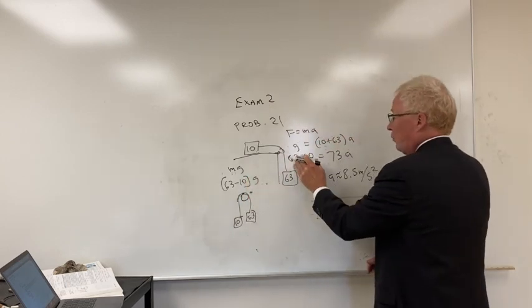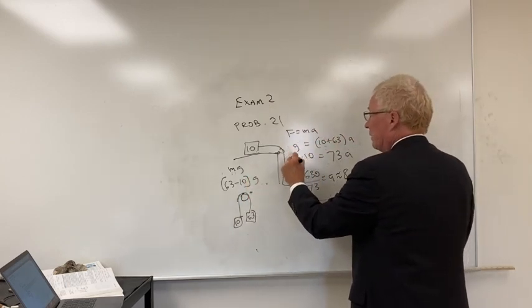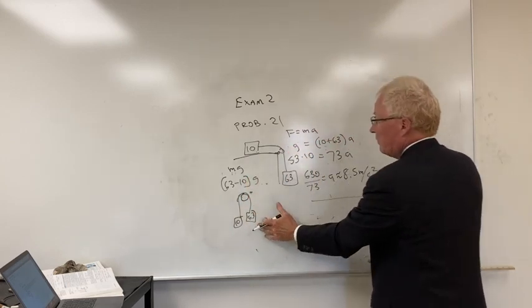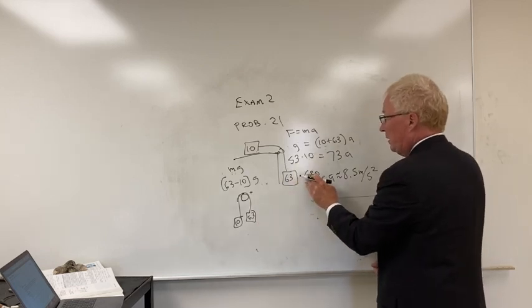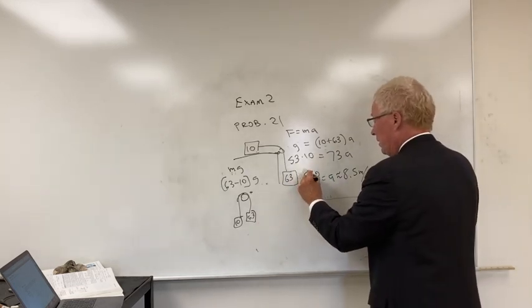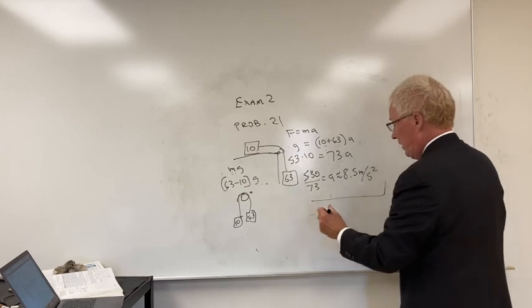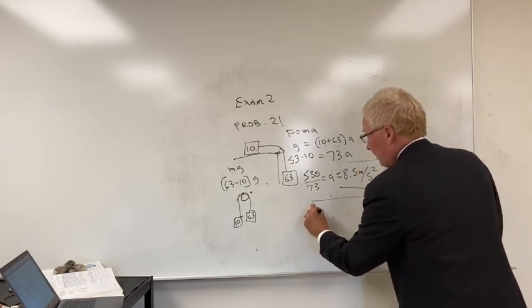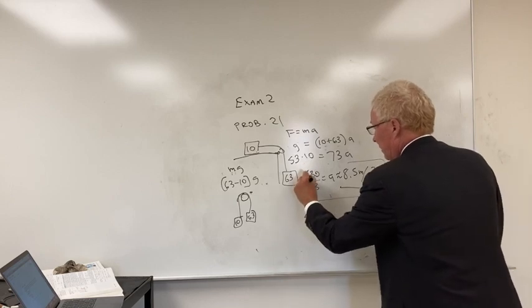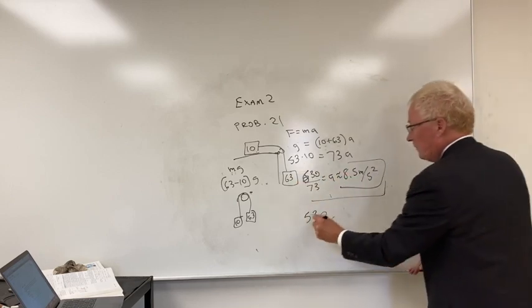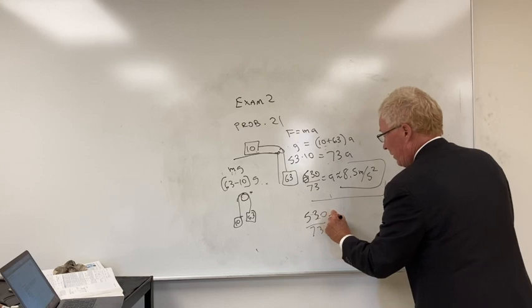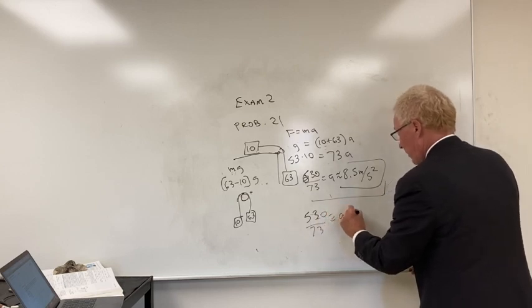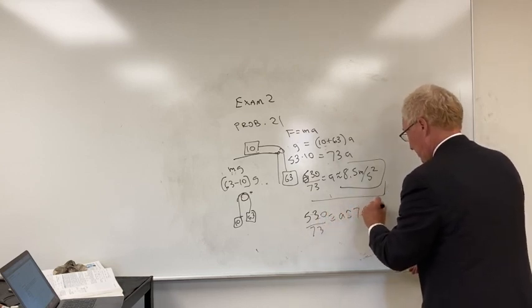So you'd end up with 53, so it'd be 530. In that case, you would get, instead of 8.5, 530. Let me leave that up, because that's the correct problem. 530 over 73, a would be approximately 7.5 meters per second squared.